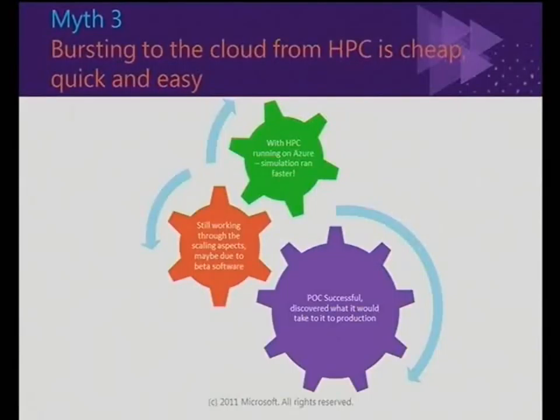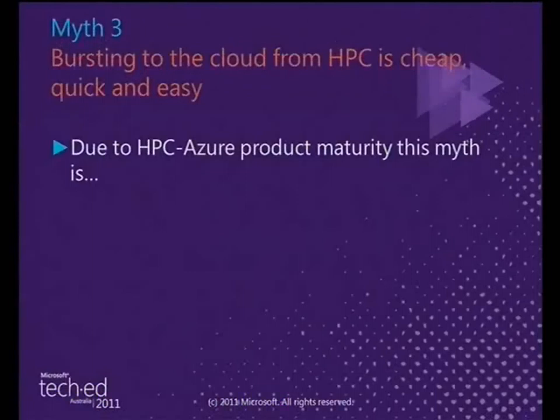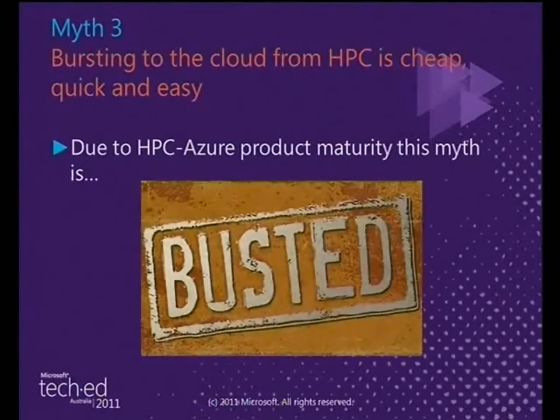But even so, even with 6 nodes, it was significantly better. So on that basis, we said that this is a pretty successful outcome. So, therefore, burst into the cloud with HPC and Azure. Is it cheap, quick and easy? No, this myth is busted.